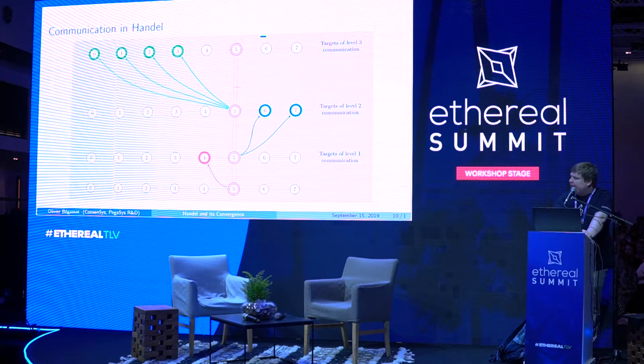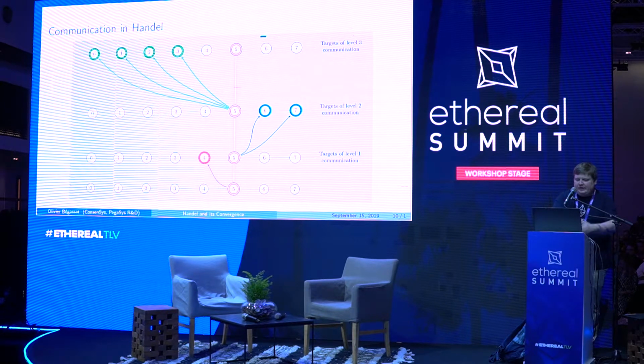And to make this even more manageable, you can even segment communication and draw a diagram where the nodes are duplicated, just on the diagram, of course. And level k communication always links nodes on level k minus 1 to level k.